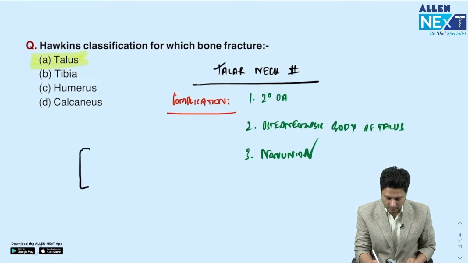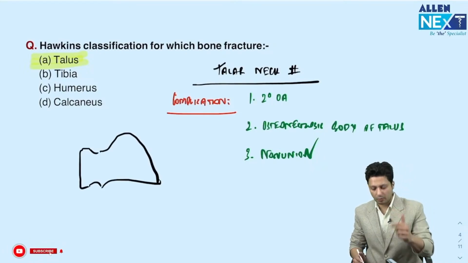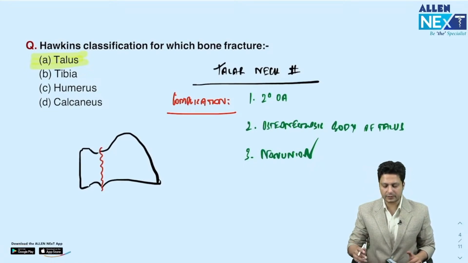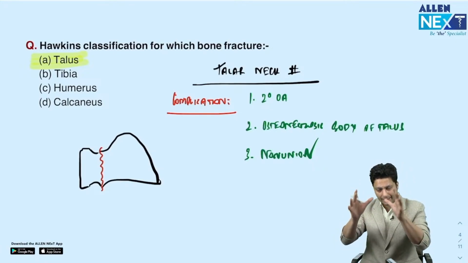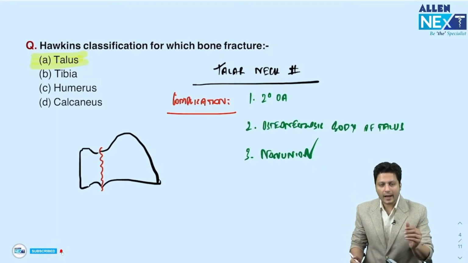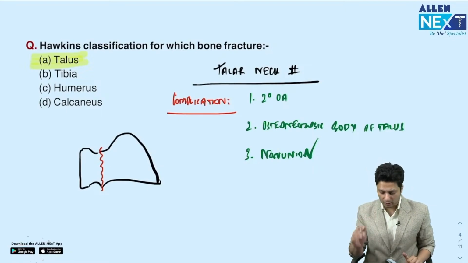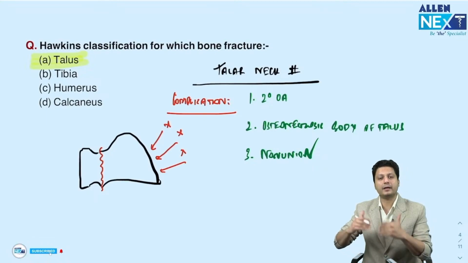And as I'm again repeating, while teaching this topic, that is talar neck fractures, we used to teach only the name of the classification, although this is the time where the classification has to go into a deep study: what are the characterizations, what are the classification criteria. Now, why is this fracture more bound to go into non-union or osteonecrosis? Because the vascularity to the body of the talus is not direct.